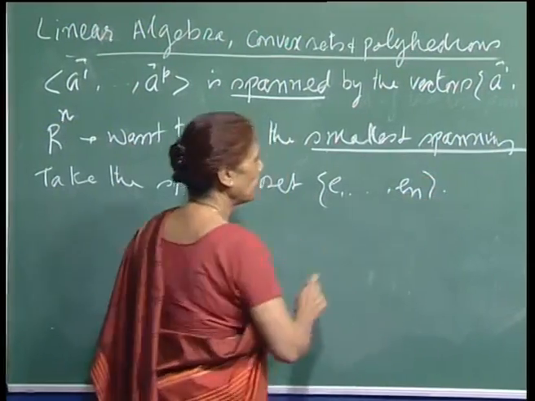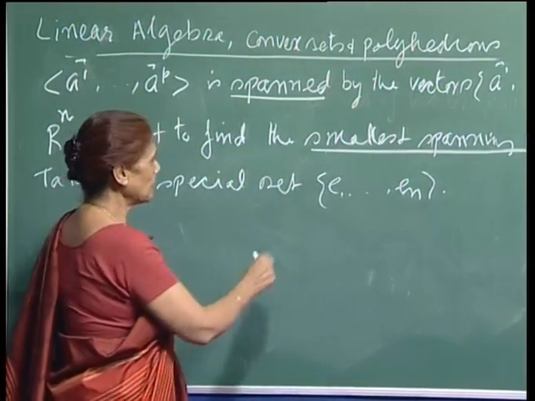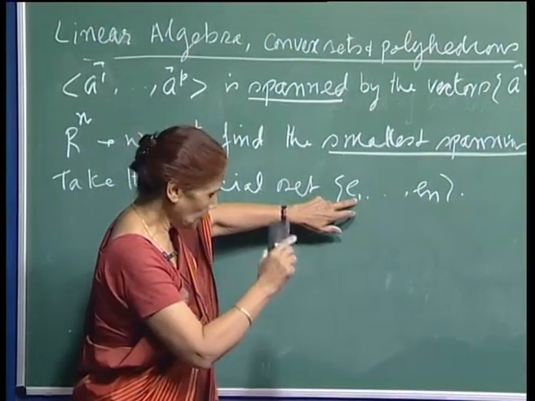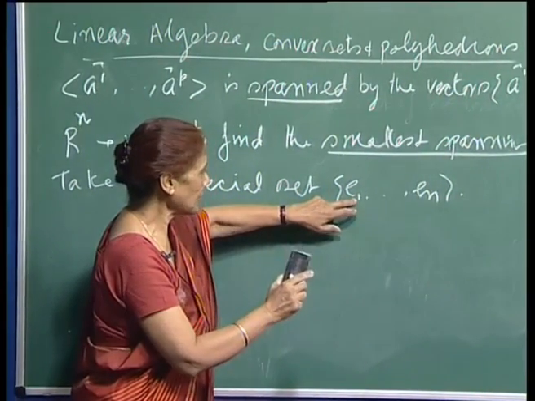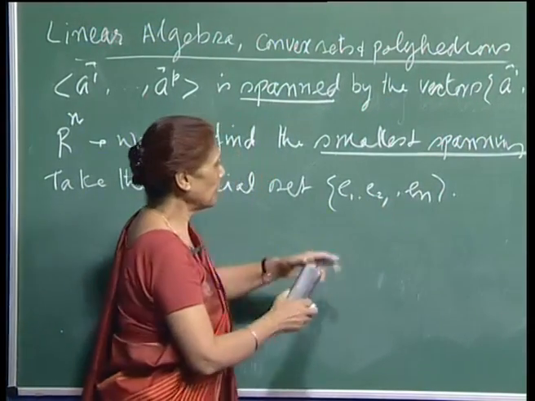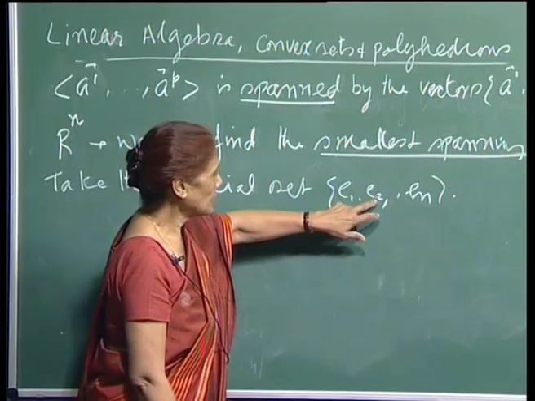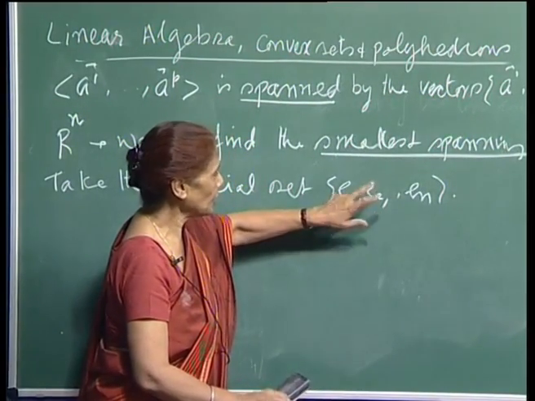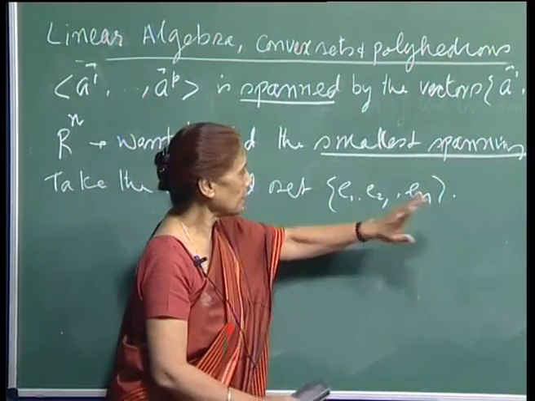Okay, some of you may be familiar with this notation, but let me say that E1 is the n tuple which has a unit entry in the first place and zeros elsewhere. And similarly E2 will be the n tuple which has a unit entry in the second place and 0 all over. And similarly En will have this, right.